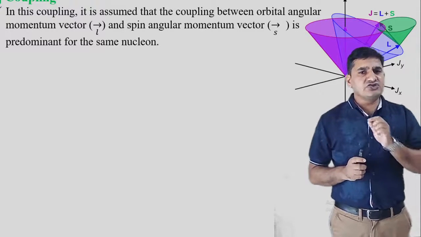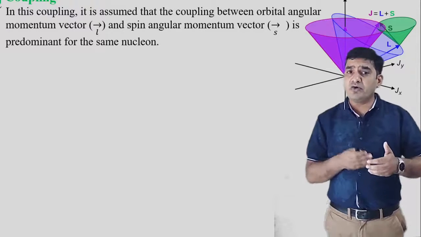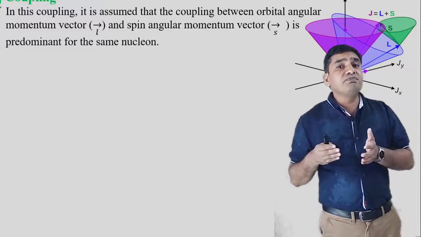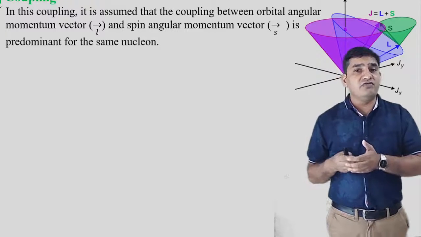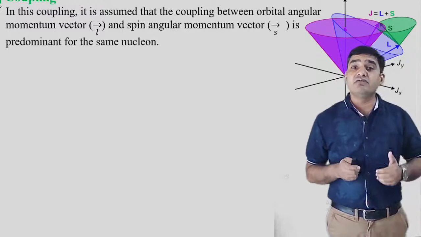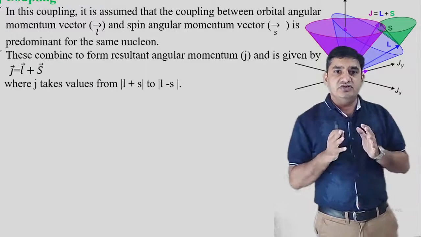Now we have to see what is the JJ coupling. In this coupling, it assumes that the coupling between the orbital angular momentum vector L and the spin angular momentum vector S is predominant for the individual nucleons.